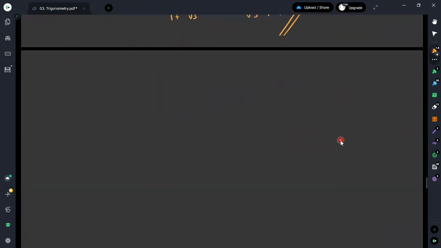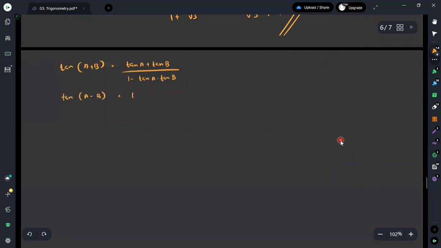Now, with the compound angle formulas, we had tan A plus B given as tan A plus tan B over 1 minus tan A tan B. Then tan A minus B was written as tan A minus tan B divided by 1 plus tan A tan B. These are the two quantities that we can prove using the quotient ratio we have learned: tan theta is sine theta divided by cosine theta.